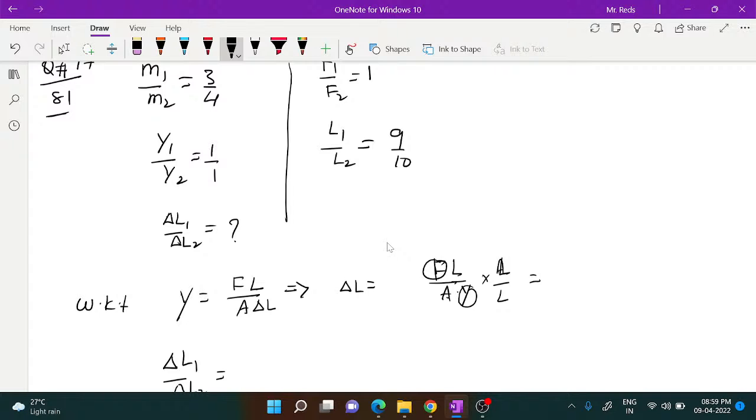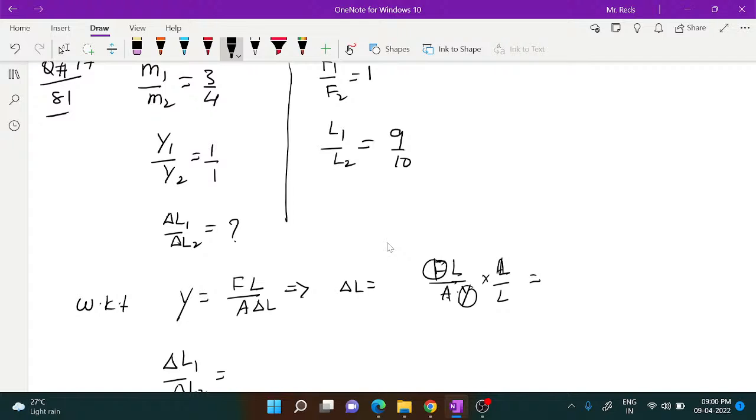After converting into volume, you can take it, because lengths are different but materials are the same, both made of the same material, and the same load is acting. Under these conditions, the volumes are the same.